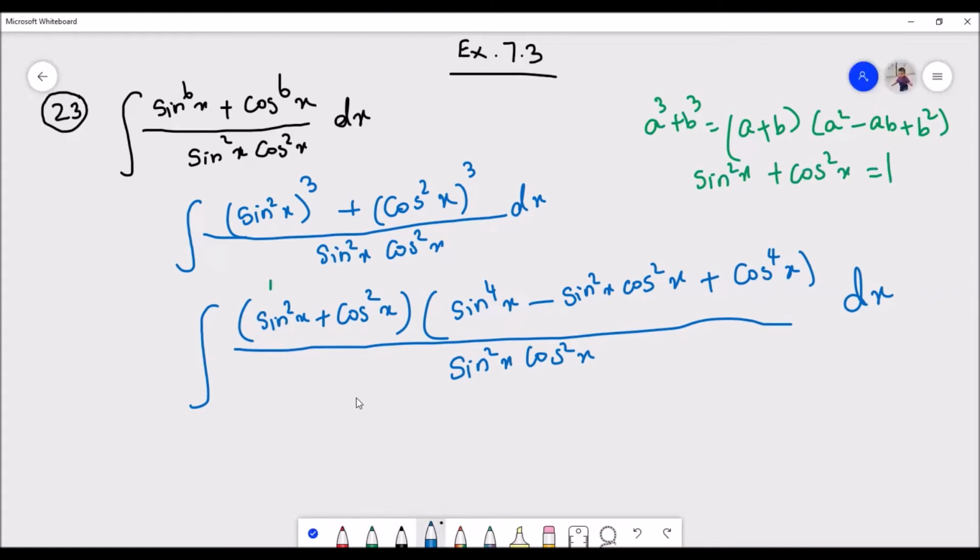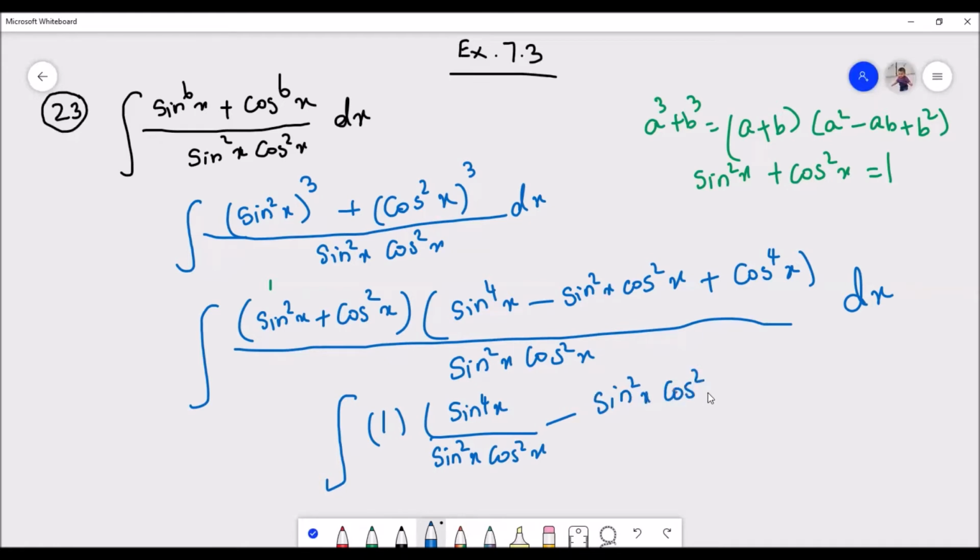So integration of 1 multiplied by, let me divide this term, sin^4 x divided by sin^2 x cos^2 x, minus, each term I am dividing separately, sin^2 x cos^2 x divided by sin^2 x cos^2 x, and the last term cos^4 x divided by sin^2 x cos^2 x dx. I just split the terms.